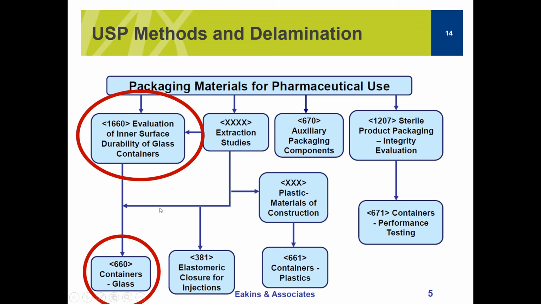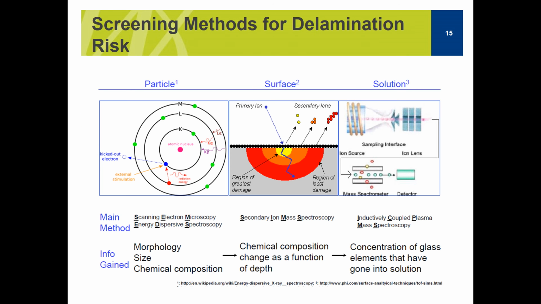Now we're not going to go into too much detail in this module about the mechanism and how you test it, but I have copies of these testing methods on the S drive as well. Okay. But basically we can screen for delamination in three ways.